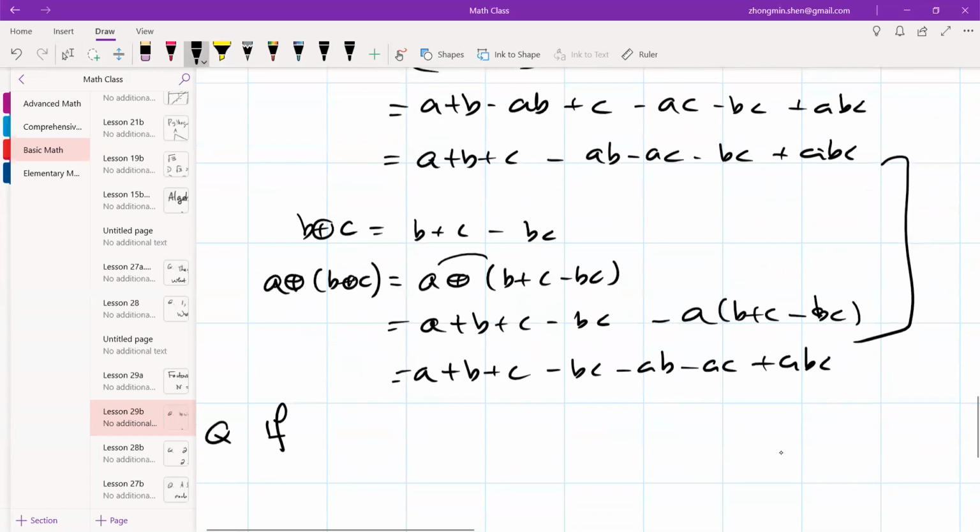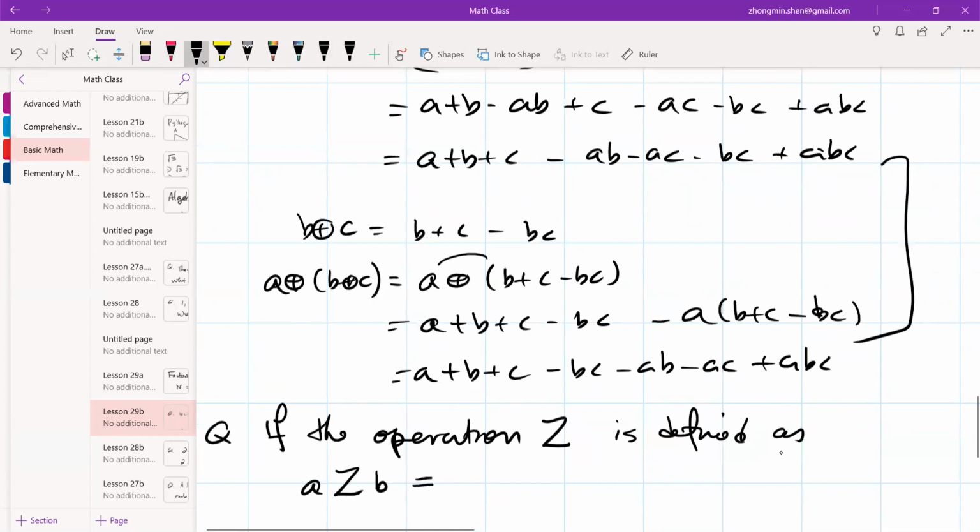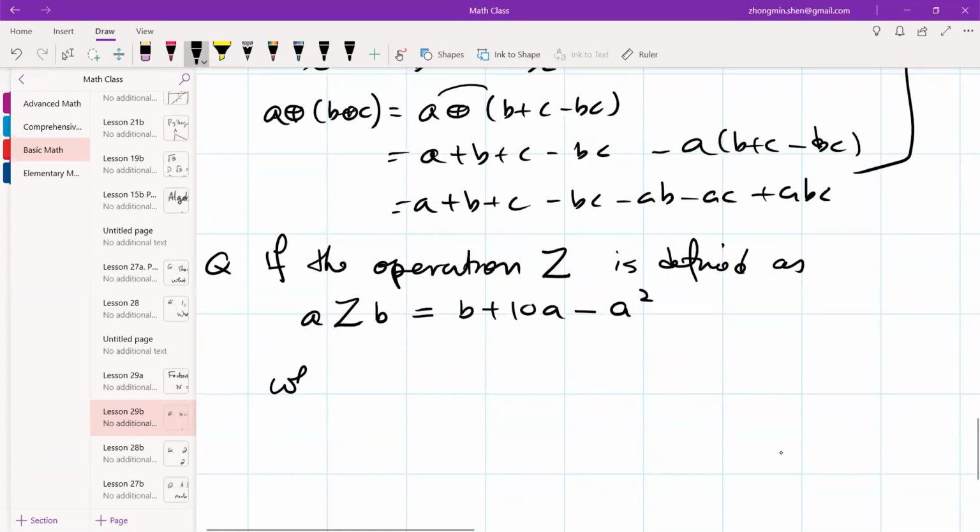If the operation Z is defined as A Z B equals B plus 10A minus A squared, what are the values of 2Z6 and 6Z2?